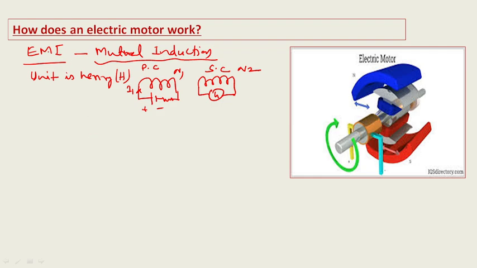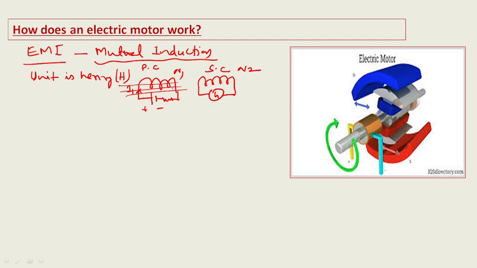So we can say that it is based on Faraday's law of electromagnetic induction, that an EMF is induced in a nearby coil when the magnetic flux linked with the first coil is changing. So there will be a magnetic flux due to a change in magnetic field.